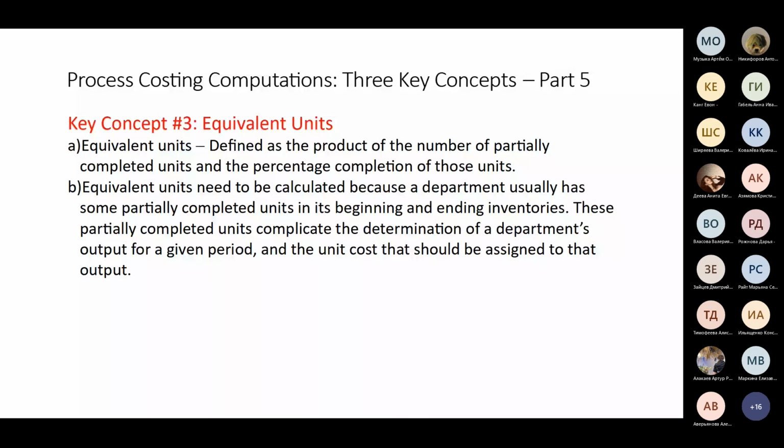For example, if we decide to produce pencils and we produce red pencils, then we produce black and blue, all these pencils are identical for the production, for the process costing, because they are equivalent.